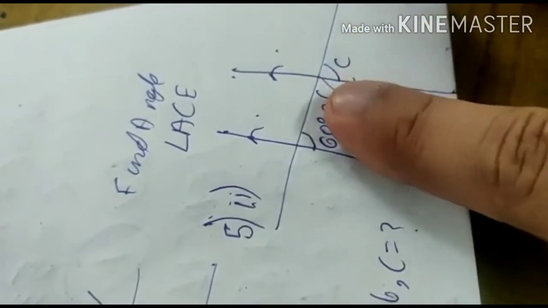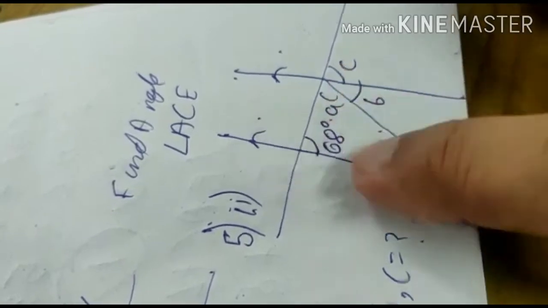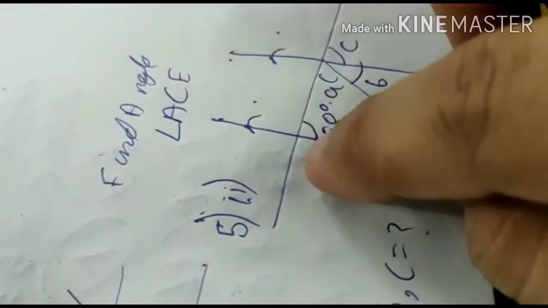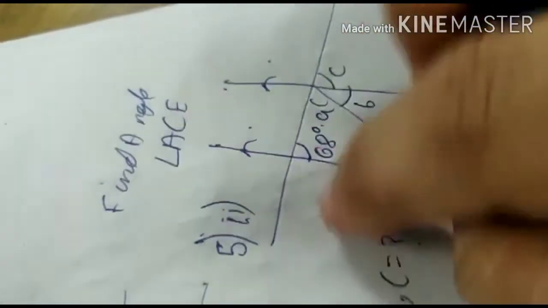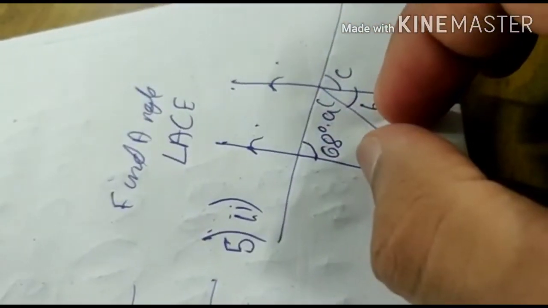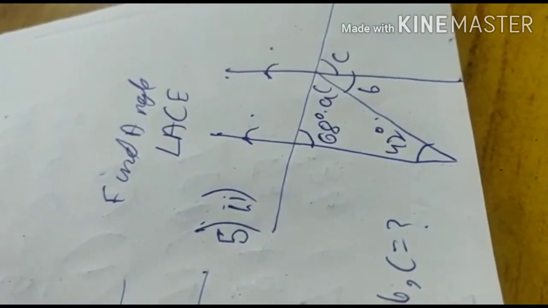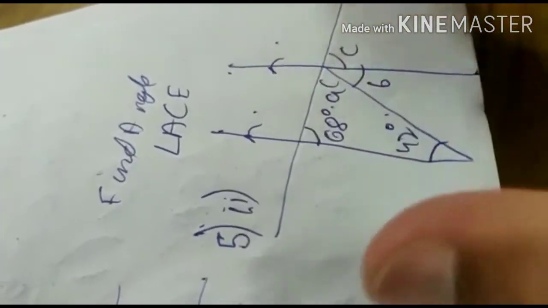Angle 68 and angle C are on the same side of the parallel lines, in the upper part of each parallel line, and on the right side. So these form corresponding angles. So angle C will be equal to 68 degrees. We will directly write it.